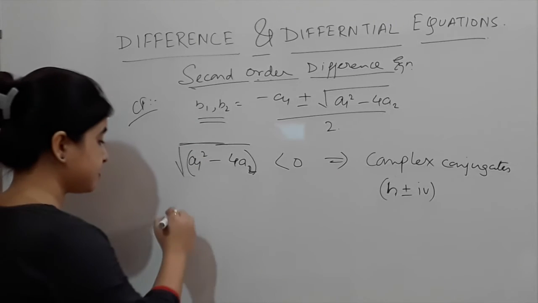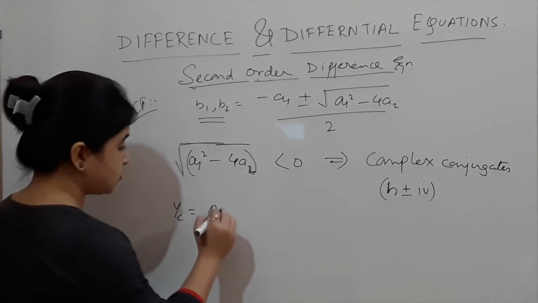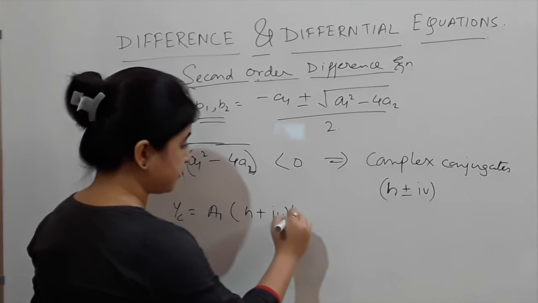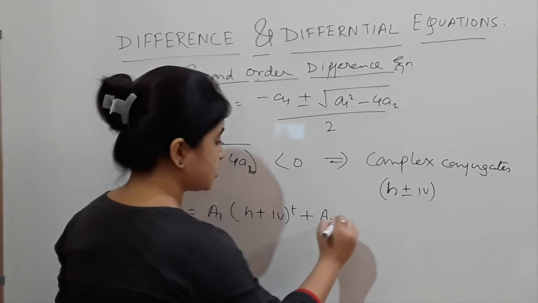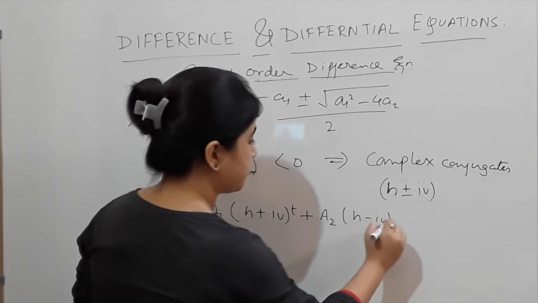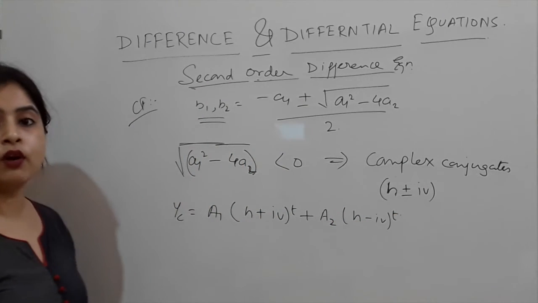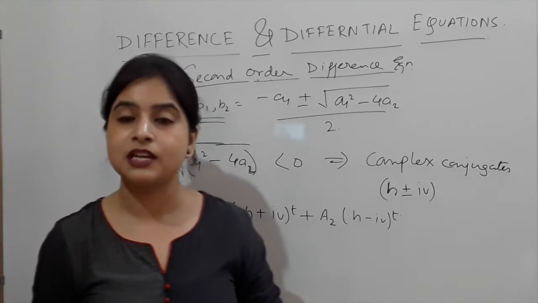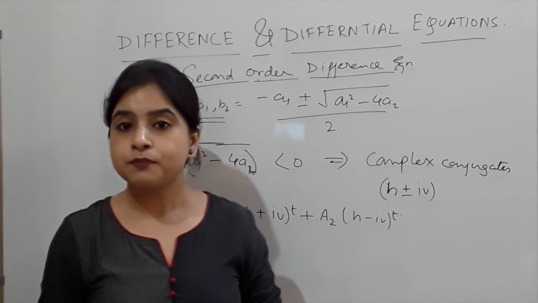Here the complementary function would look somewhat like a1 into (h + iv) to the power t plus a2 into (h - iv) to the power t. However, this is a format that we don't generally use in our solution process.